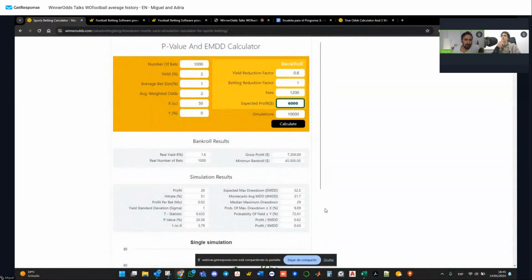So if you are very slow when placing bets and you always bet close to the minimum profitable odds that in the long term have a 2% yield approximately, then you will have worse results and higher risk, because you are getting less value from the bets you are placing with WinnerOdds.